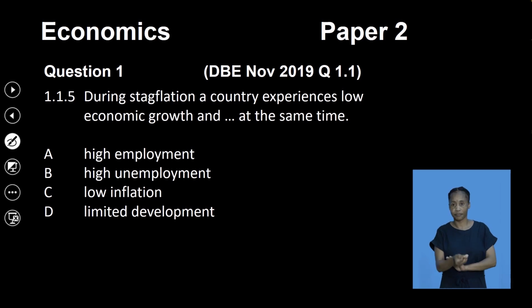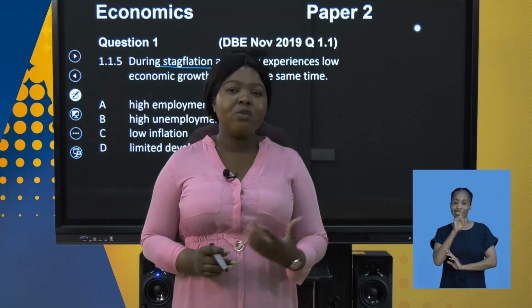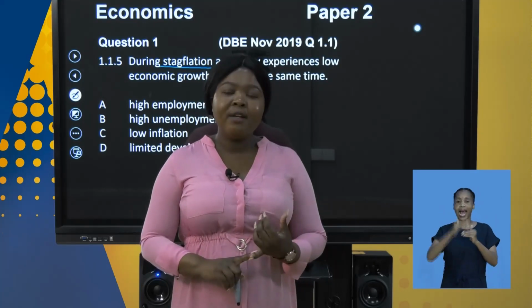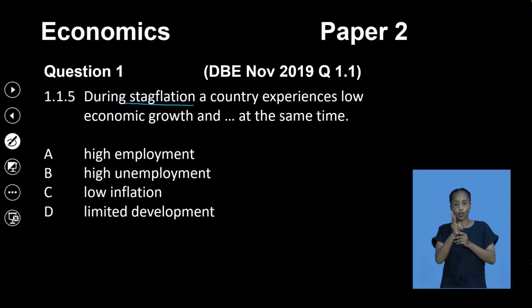Let's go to the next one. During stagflation... remember, stagflation is a type of inflation, so you need to remember the characteristics of stagflation. We said stagflation is a combination of high unemployment, low economic growth, and also high inflation. So a country experiences low economic growth, and remember, I've already said you are expecting high unemployment and also high inflation.